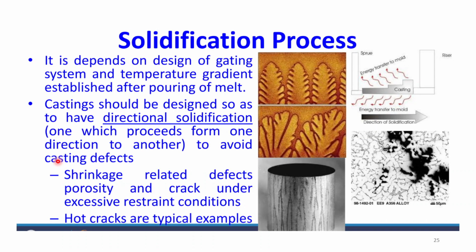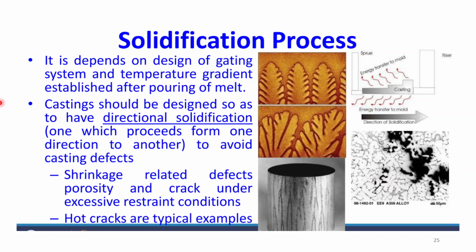Next is the solidification process. It depends on the design of the gating system and the temperature gradient established after pouring of metal. Temperature gradient depends on what type of mold you are using.